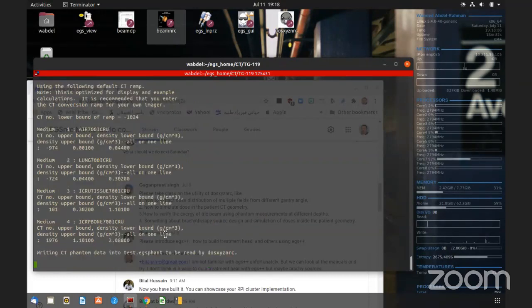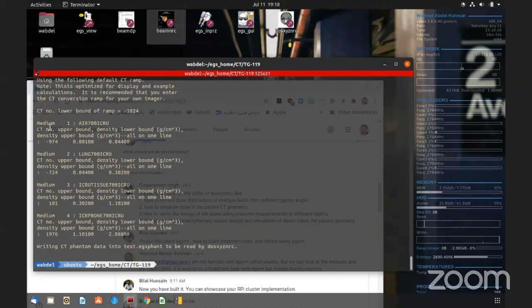Then let's look at this. So here, for example, CT number, low. If I'm not going to use the default one with the system, I need to actually enter these data. So the CT number, the lower bound ramp is minus 1024. So we expect the CT numbers to be from minus 1000 up to something, okay?